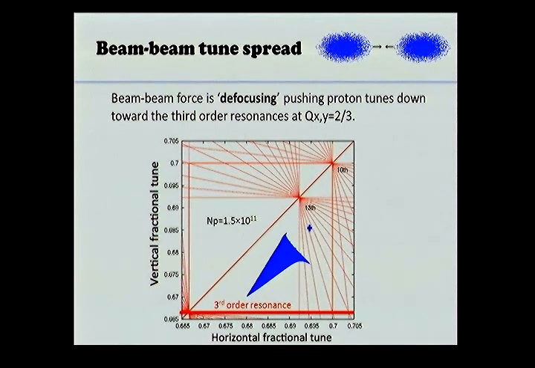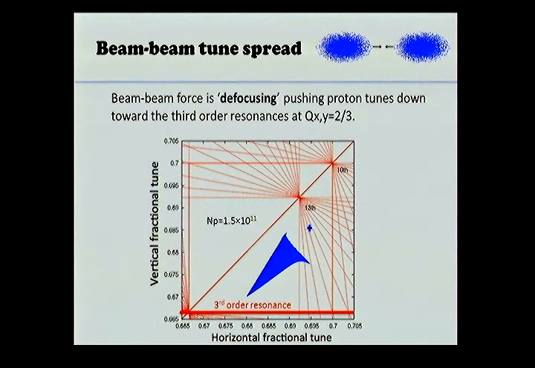However, consider that the beam force is nonlinear. So each particle in this bunch, with a different position, will see a different force from the opposite bunch and will have a different tune shift.